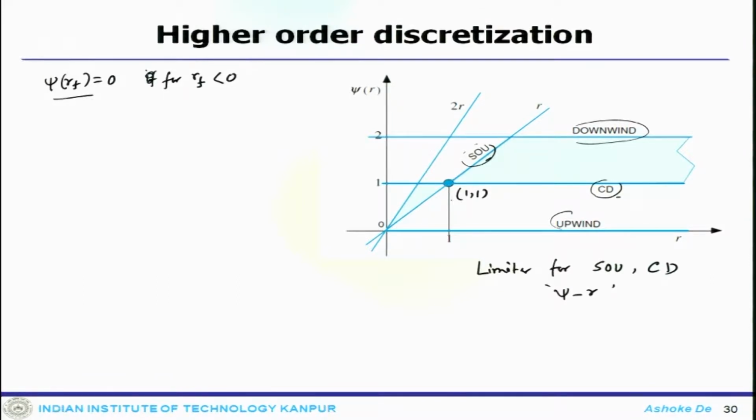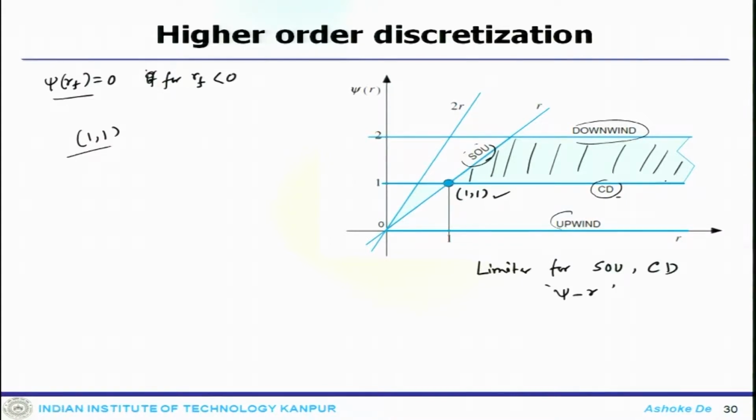Thus it is very clear that for the scheme to be second order accurate, it has to pass through the coordinate 1, 1, and the limiter should lie in the region bordered by the second order upwind and the CD scheme. All the schemes which pass through 1, 1 and lie within this border will be second order accurate.